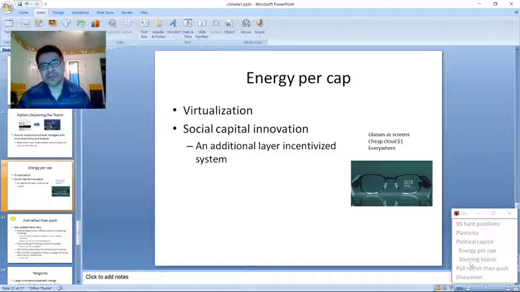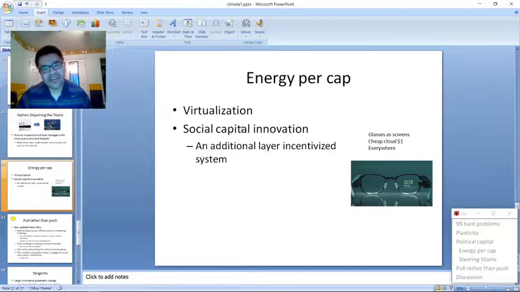Also, a key component of what to use the political capital for is the aspect of energy per capita consumption.